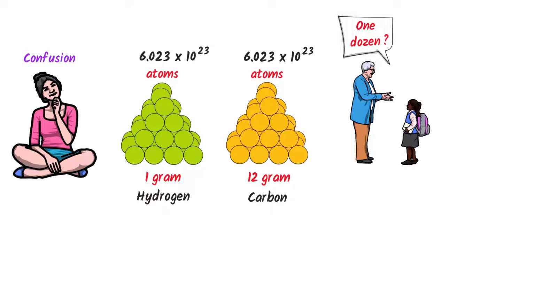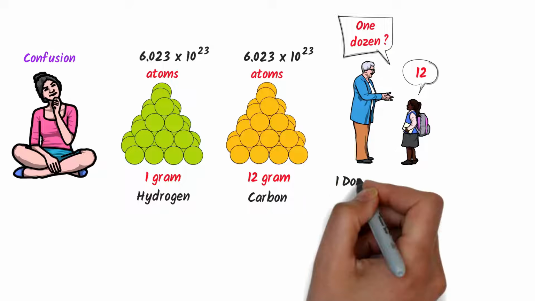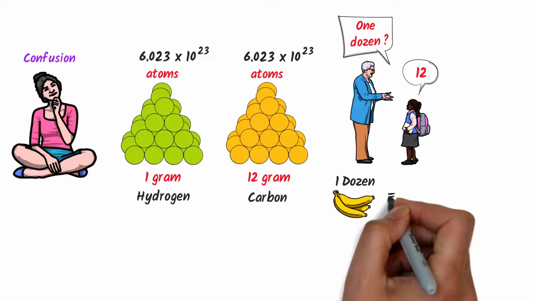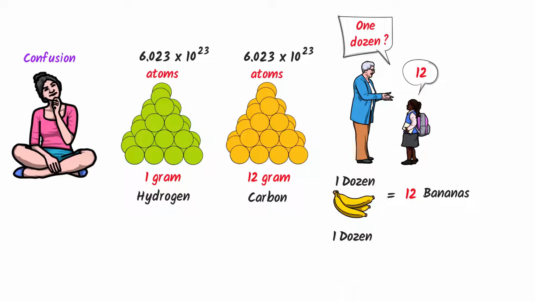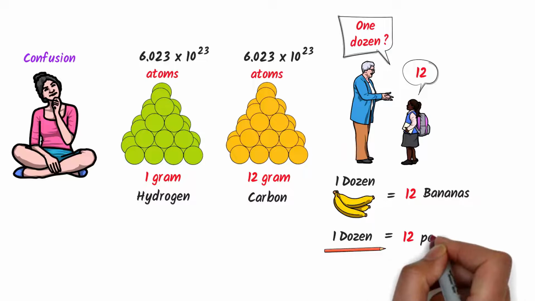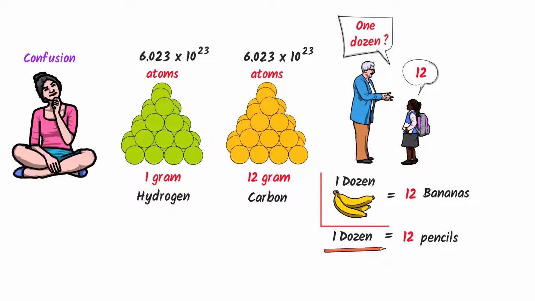Your answer is simple. 1 dozen is equal to 12. For example, 1 dozen bananas is equal to 12 bananas, and 1 dozen pencils is equal to 12 pencils. Now the mass of a banana is very different from the mass of a pencil. But in 1 dozen, there are 12 bananas and there are 12 pencils.